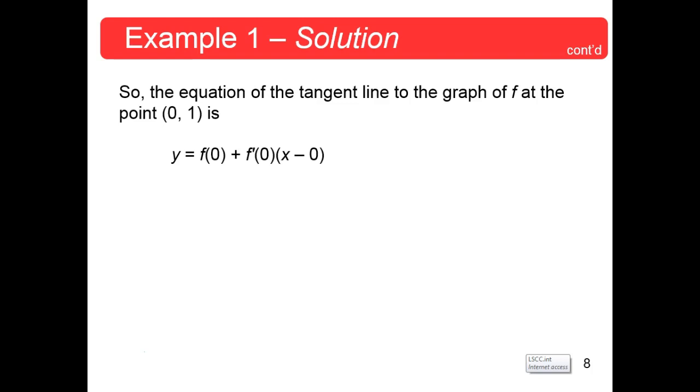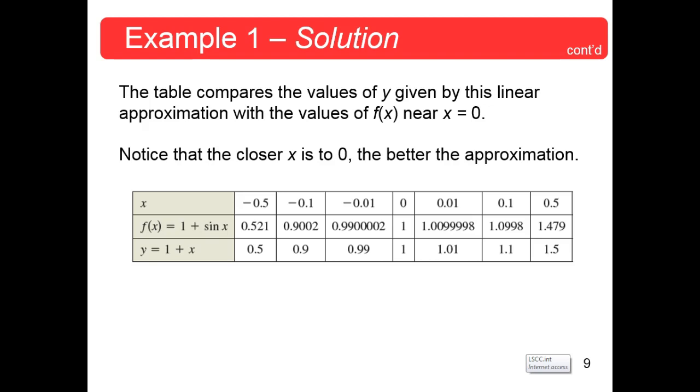The equation for the tangent line to the graph at that point is y equals f of 0 plus 1 times x minus 0, so that's just 1 plus x, exactly like what we said. And when you plug those in, we didn't do the negative values, but they come out almost the same.